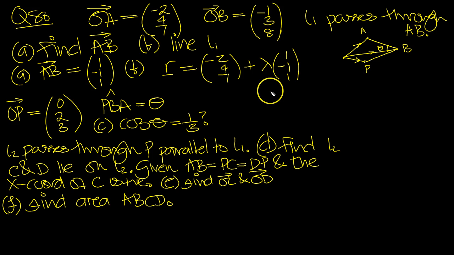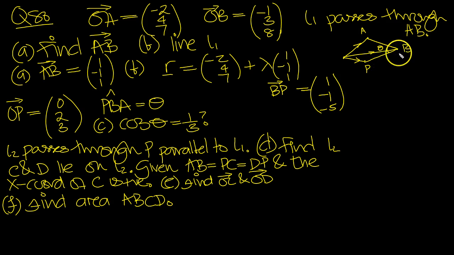So we'll need BP. It's a vector, B to P, is 0 minus -1, 2 minus 3, and 3 minus 8. I'll get it right in a minute. 0 minus -1, 2 minus 3, and 3 minus 8, that's right.